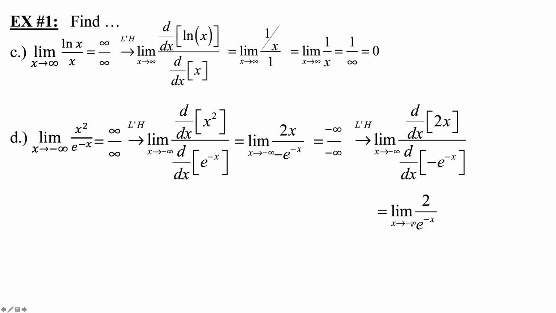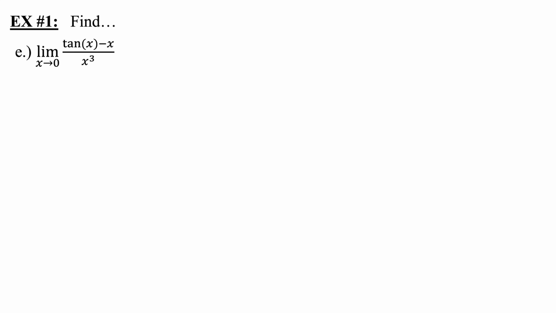All right, we already put negative infinity in for negative x back here. That was infinity on the bottom. So 2 over infinity, that's huge on the bottom, small on the top, that's a 0. And we're done. You're going to love L'Hopital's rule. It saves a lot of time with difficult problems.